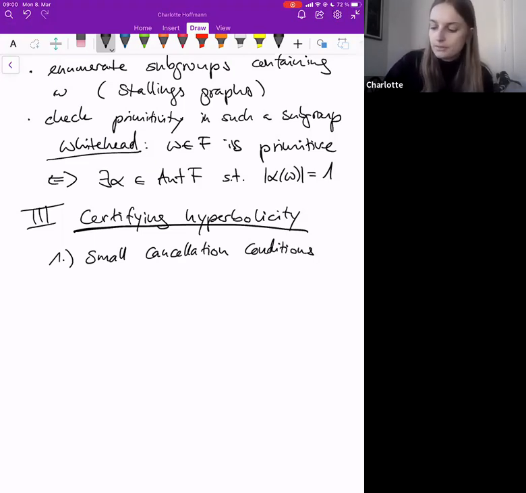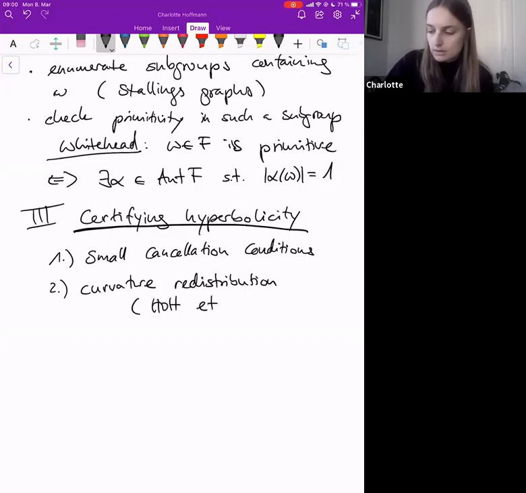And if they didn't work out, the second thing that we used is some relatively new procedure, which is some curvature redistribution. And this was presented by Hold and others in 2019, I think. And they also implemented the procedure in GAP. The package is called Walrus.